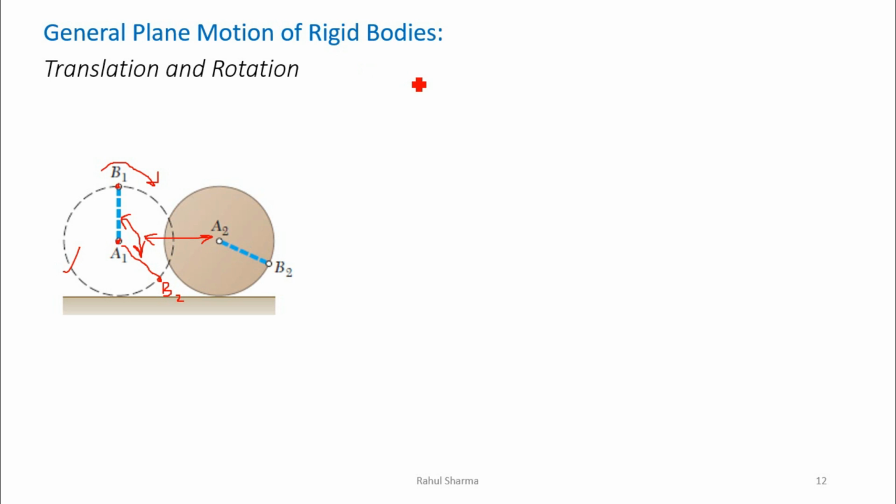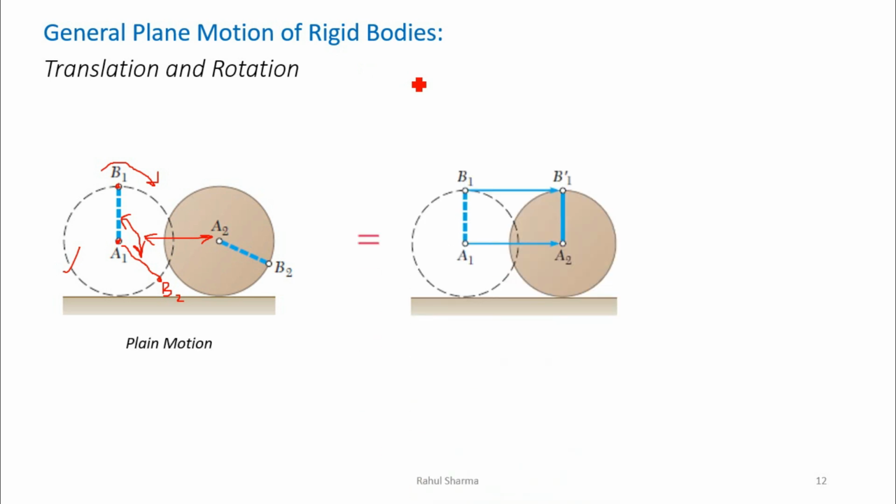I will show you with an example with a diagram. We can divide this plane motion into two: rotation and translation. If I say point A is not rotating, then from initial to final position it has only traveled a distance. A has traveled from A1 to A2 and B has traveled from B1 to B1 dash, meaning only under translation.